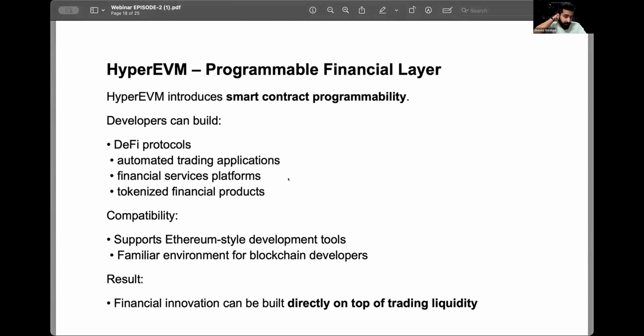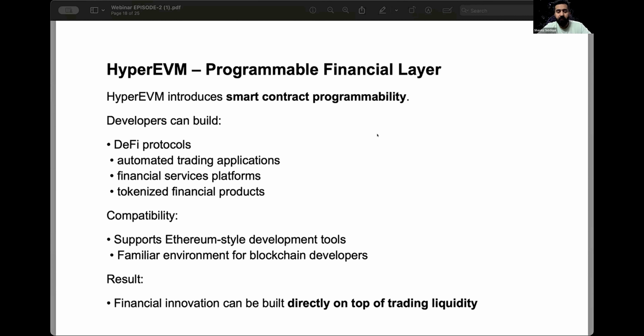Then we understand the HyperEVM layer, the programmable financial layer of Hyperliquid, on which the EVM apps and smart contracts are deployed. This is the smart contract layer of Hyperliquid, where developers can build DeFi protocols, trading bots, and financial apps.